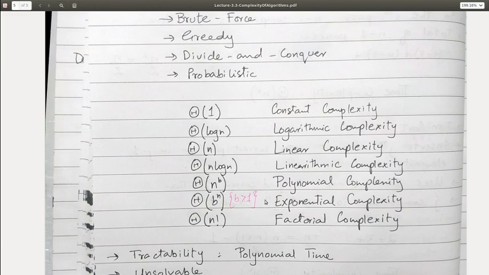So if it's n to the power 100 and you give it a size 1000 input, it's going to take way too long to solve your problem. Up until polynomial complexity, say n squared or n cubed, it's still doable for small or even large problems, but after that it's very slow. So we draw the line that after polynomial complexity, exponential complexity is just ridiculous and not doable.